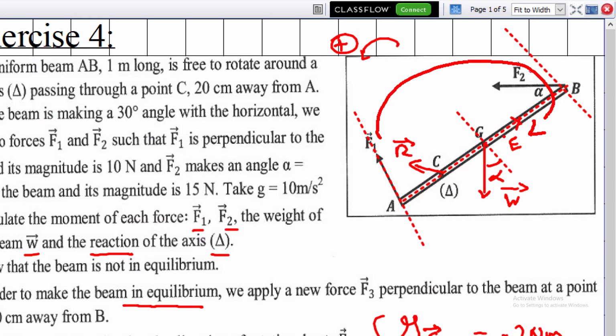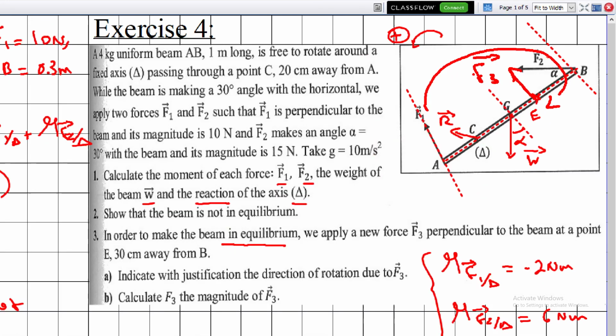In order to oppose the effect of this rotation and balance the beam, F3 must try to rotate the beam in the positive direction, so it must be like this.